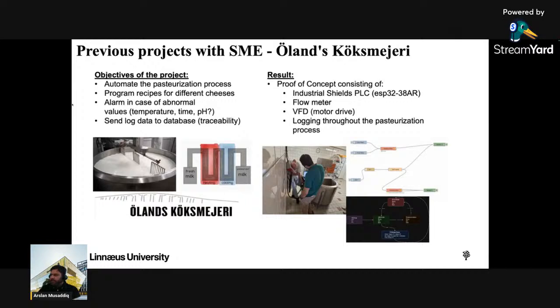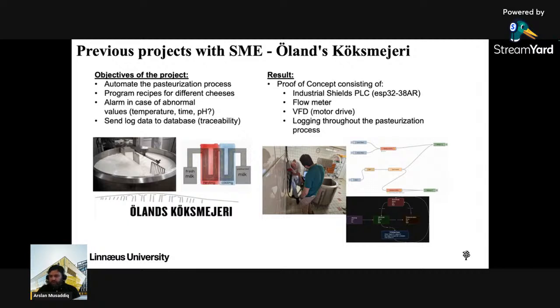And another great example is this project. We collaborated with a company called Oland's Shocksmiri. It's a cheese factory, and this cheese factory wanted to automate and improve the cheese production process using IoT technology.